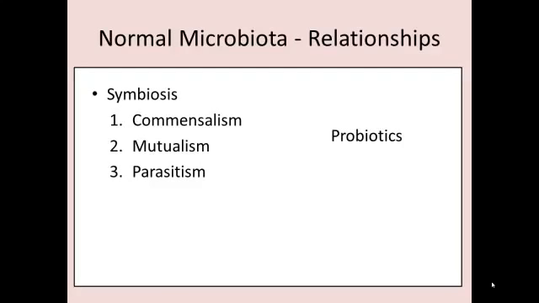Now, because of this relationship between our microbiota and us, as we've developed an understanding of it, we've developed probiotics. This is the idea that especially after you've had a series of antibiotics that's killed most of your normal microbiota, we want to replace them with commensal and mutualistic symbiotes, i.e. friendly bacteria.